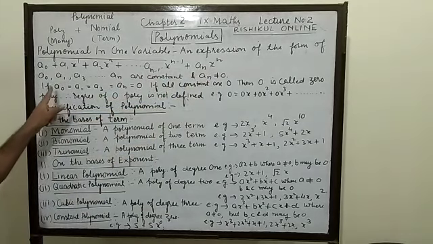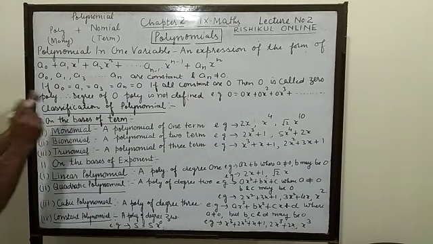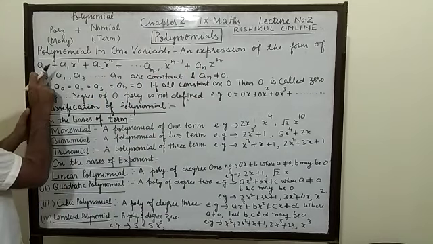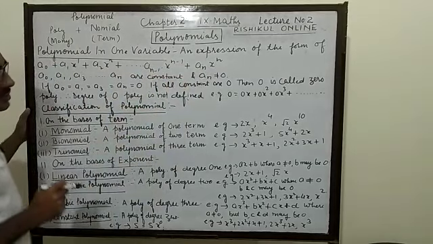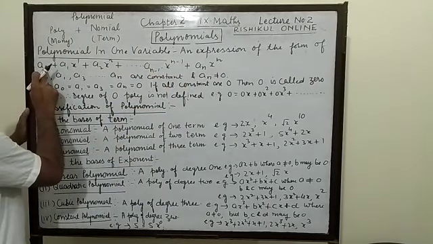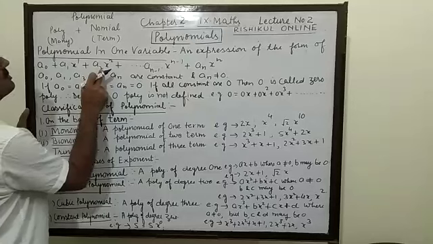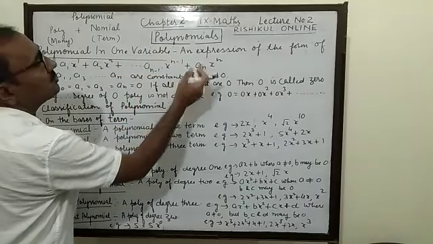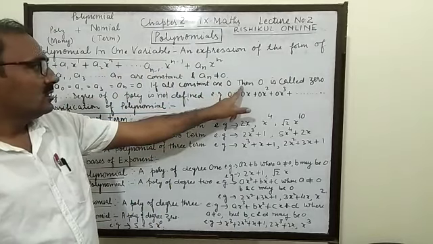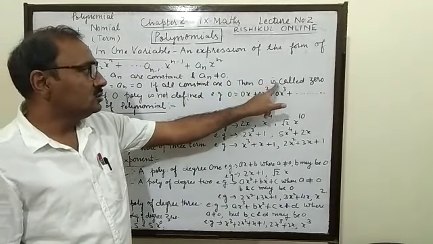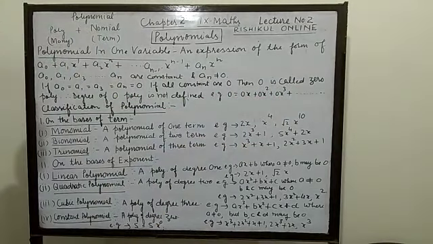If an equal to 0, or if you can say that here a0, a1, a2, an minus 1 and an are all 0, then this expression will be 0 plus 0 plus 0 plus 0 up to 0. So then you can say that it is 0. Then 0 is called the zero polynomial.